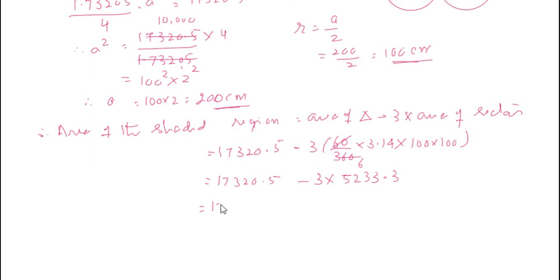That is equal to 17320.5 minus 15700. If you subtract this, you will get 1620.5 centimeter square. This is the area of the shaded region.